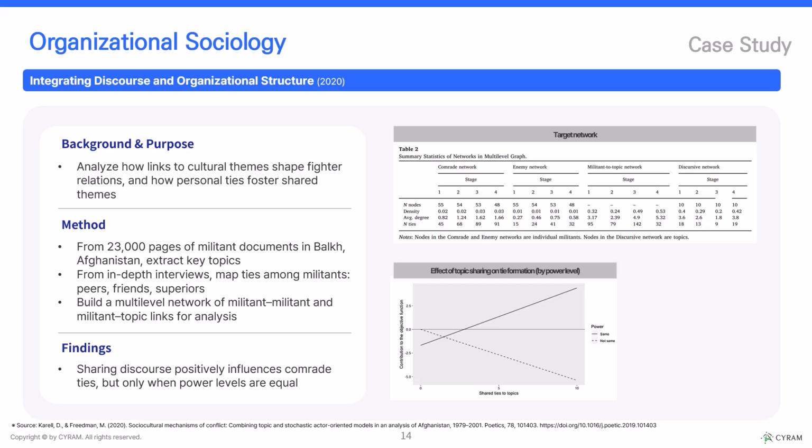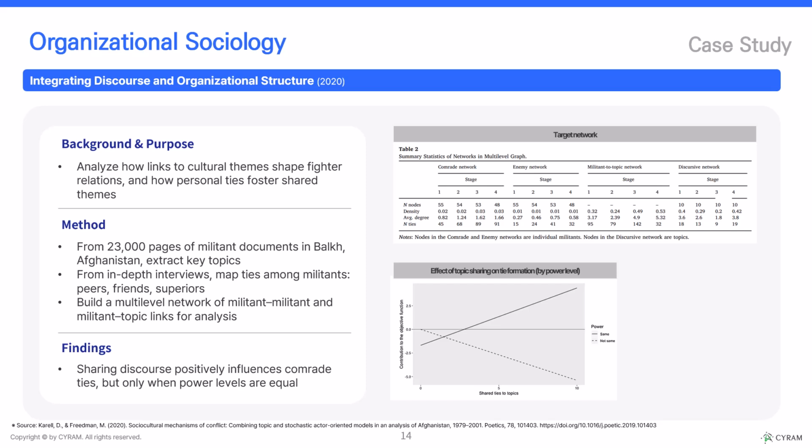They then analyzed how sharing discourse affects the formation of ties using SAOM, the stochastic actor-oriented model, which simulates how ties change over time based on actors' decisions. The main finding was that sharing cultural elements, essentially discourse, plays an important role in building positive ties between militants.